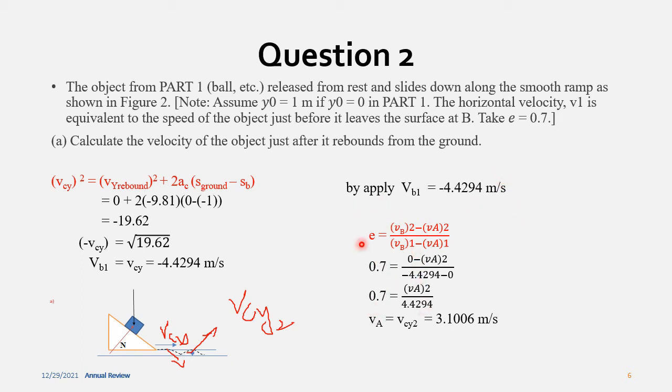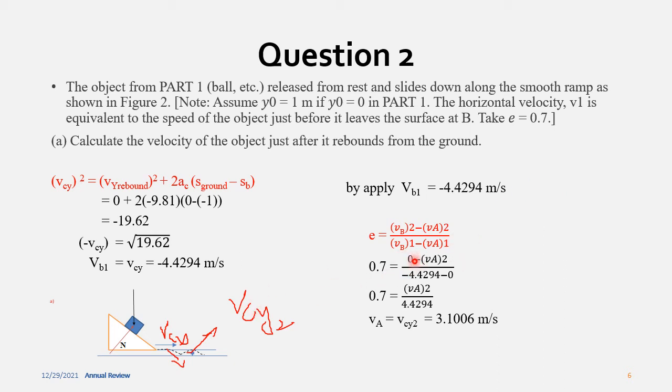Okay, the e is given 0.7, equal to 0 minus VA2, because VB is from the ground. VA2 is what we want to find, and VB1 we must find first because we don't know it. Minus VA1. VA1 is after rebound, going to the horizontal back.